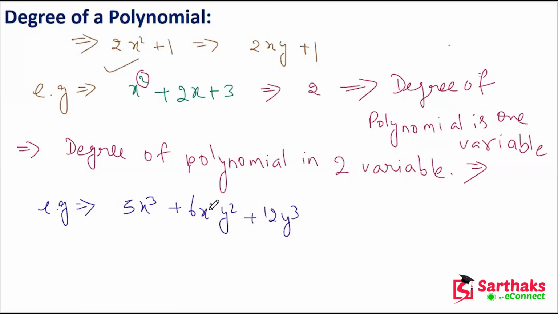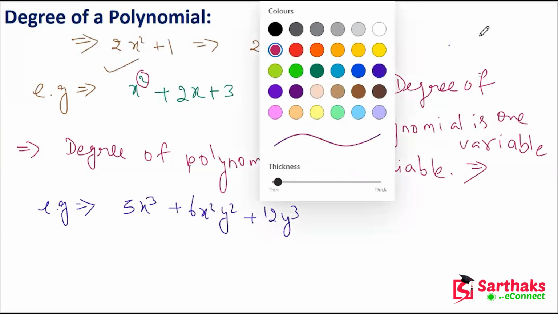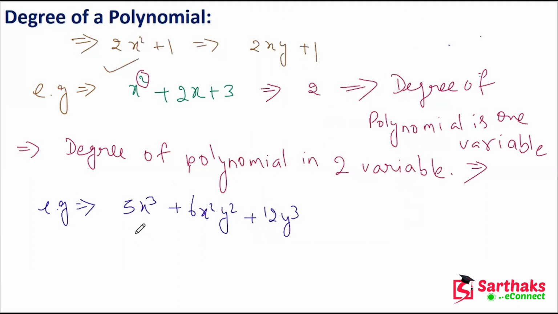In this case, the highest degree of polynomial: this is the power of 3, this is of the power of 2 plus 2, which means 4, and this is having the power of 3. Now the highest is 4. So the degree is 4. I hope you get this point.